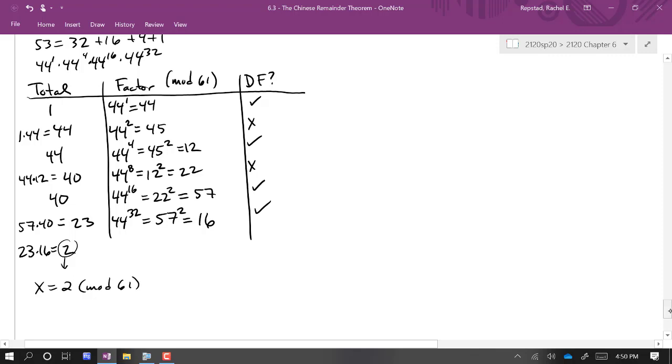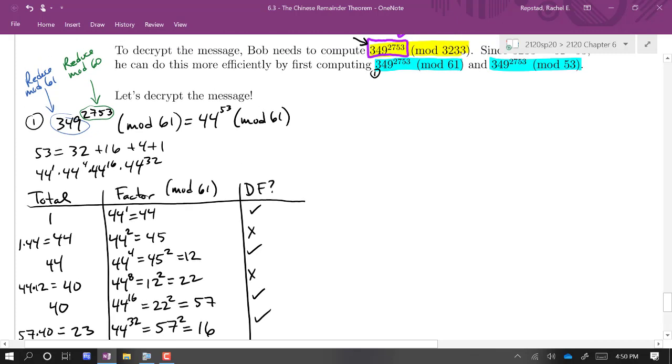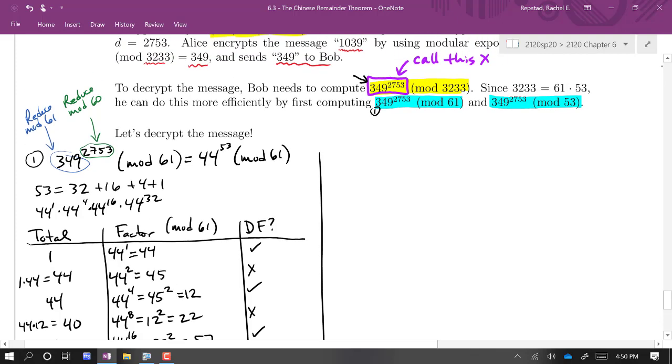Okay, now we're going to do this one more time because we have to evaluate it mod 53 as well. So our second calculation, 349 to the 2753 mod 53.